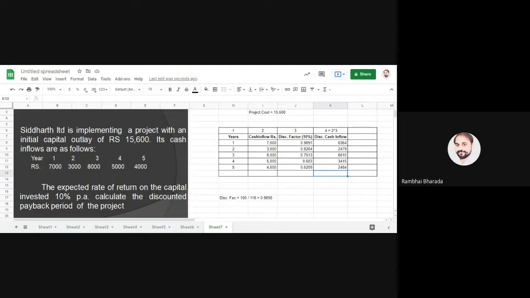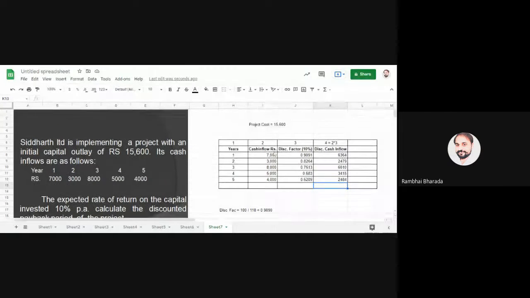Okay, now look at the initial cost. Initial cost is how many? 15,700. Do the sum total: for the first year 6364. In the second year, 6364 plus 2479, keep adding one by one, we get 8,843.